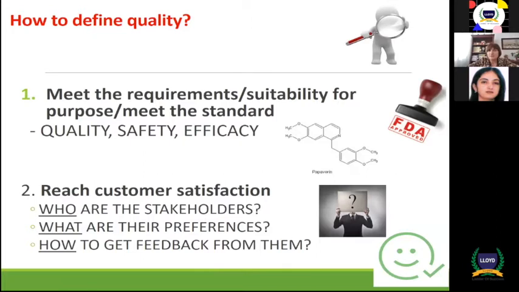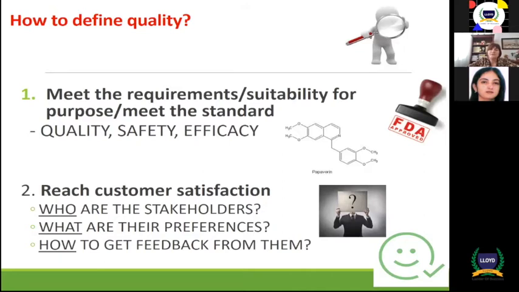But if the quality definition is to reach customer satisfaction, we have to know who the stakeholders are, what their preferences are, and we should get some feedback from them in order to meet these requirements. So in a competitive market, it's very important to reach customer satisfaction.